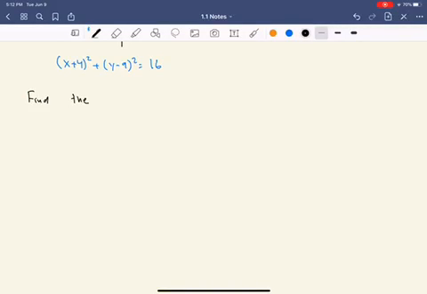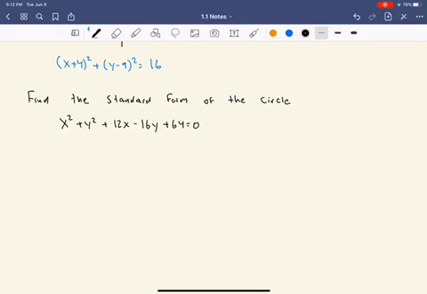Find the standard form of the circle x² + y² + 12x − 16y + 64 = 0.